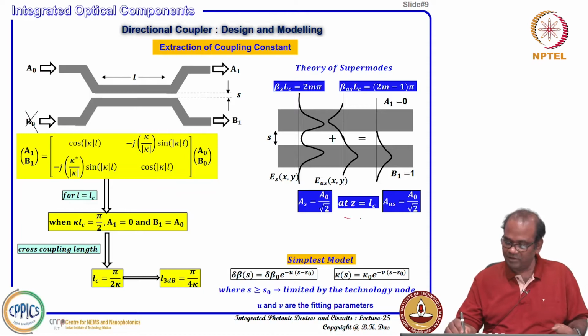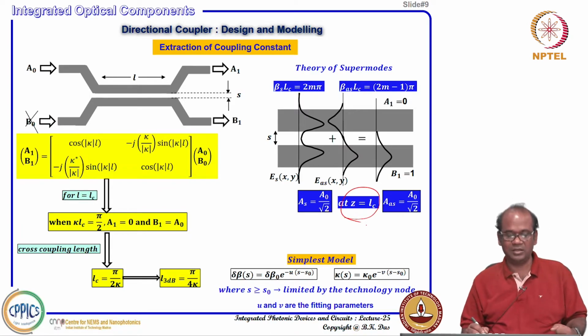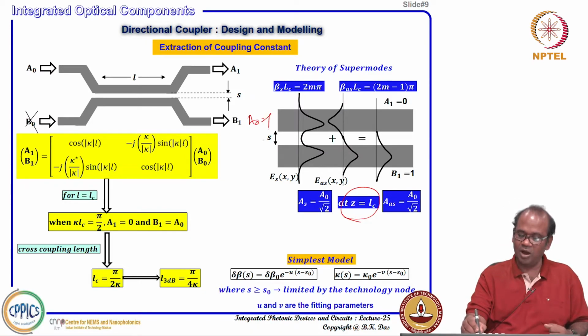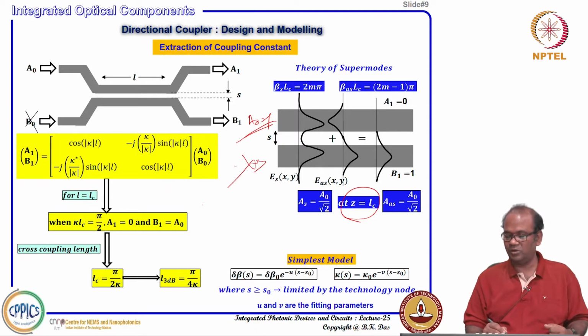And at z equal to L C, where we want the length after travelling, power launched in here is A naught equal to 1 at z equal to 0, and nothing is launched in the second waveguide.